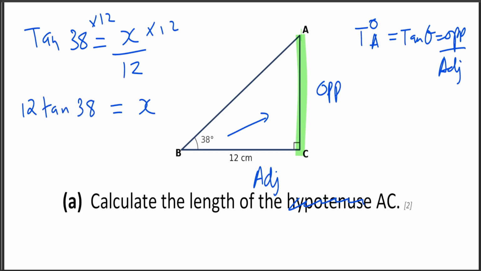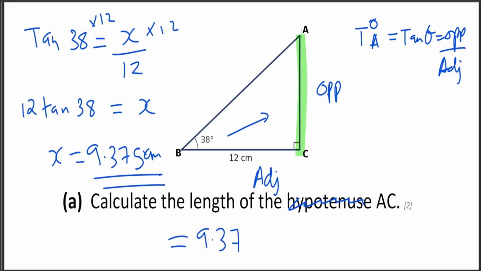Let's see how much it gives us. x is 12 tan 38, which is 9.375 centimeters. So that is your answer.